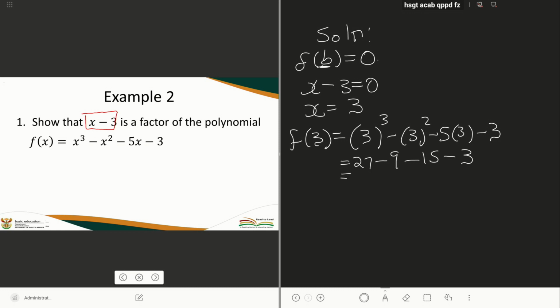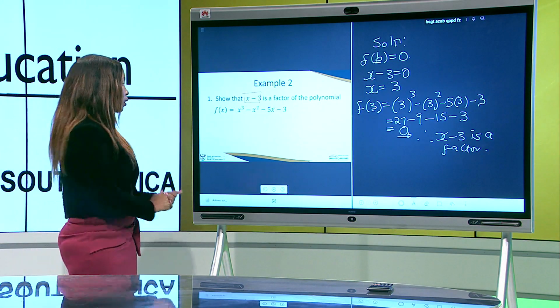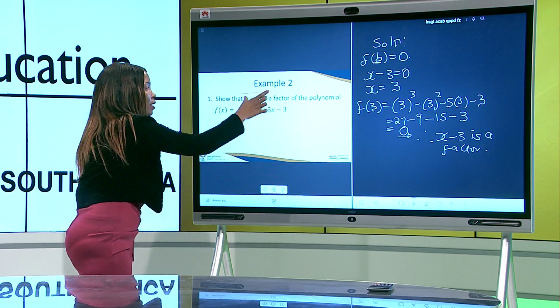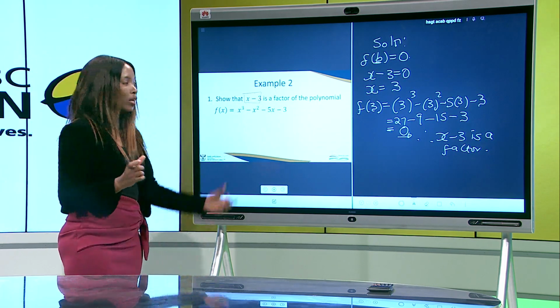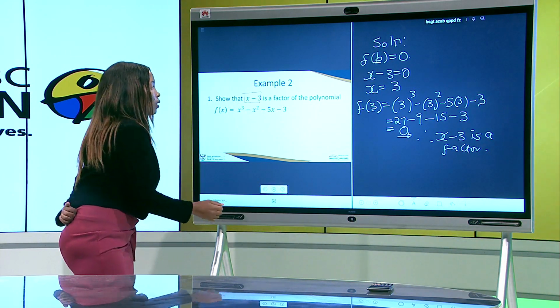When you simplify the whole thing, 27 minus 9 minus 15 minus 3 gives you 0. Therefore, if your remainder is 0, then x minus 3 is a factor of the polynomial. Remember, the remainder should be equal to 0 for you to say this linear expression is a factor of the given polynomial function.